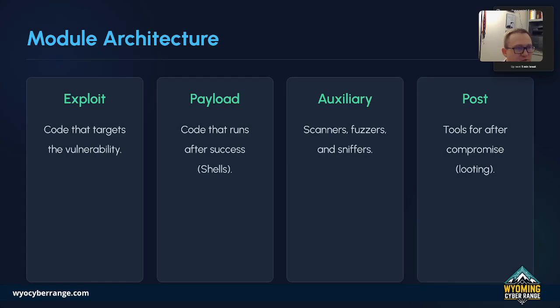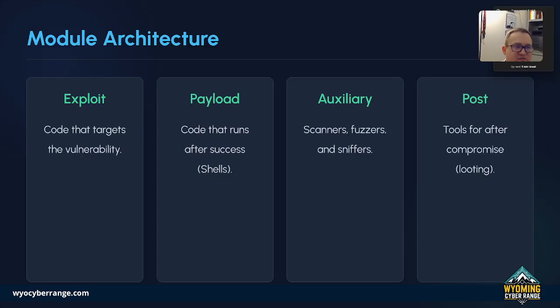Now, you need to know the four main types of modules within Metasploit. The first type is the exploit. This is where the code targets the vulnerability. Once we have the exploit, we need to know what payload we are going to send after kicking in that door. The payload is the code that runs after success.